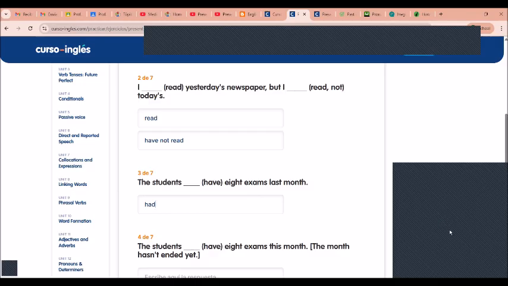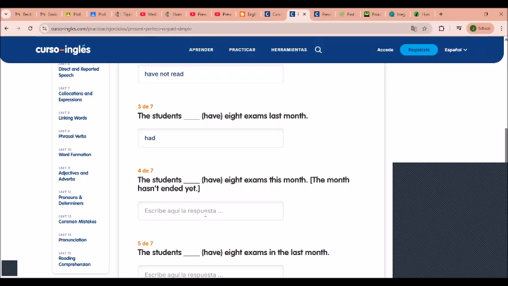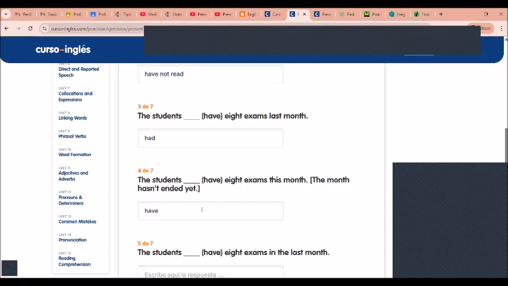Let's go with Tonatio Caballero Salazar, number 4. Yes, teacher. The students had 8 exams this month. All right. This month, not last month. All right. When we have things that are connected to our present, we use the present perfect.